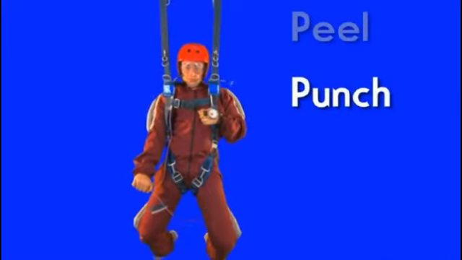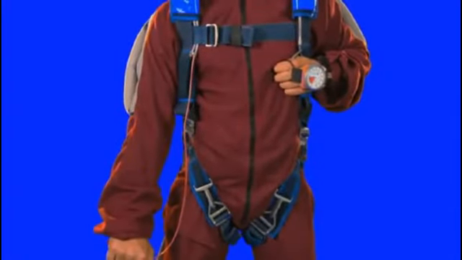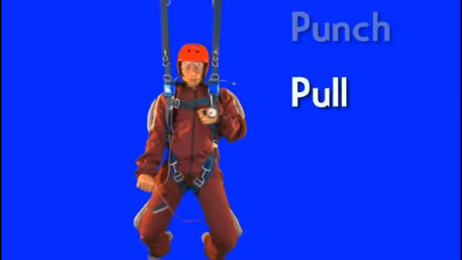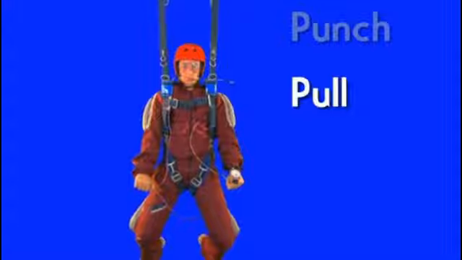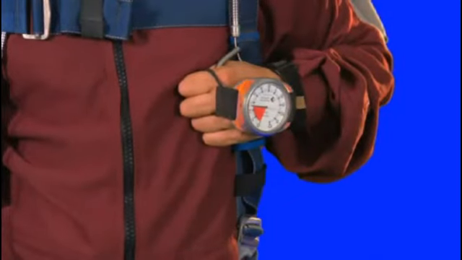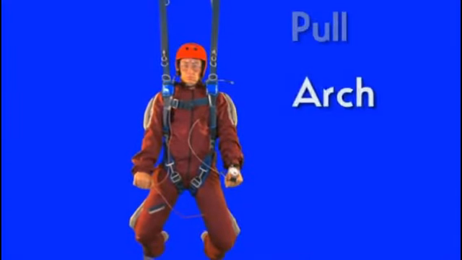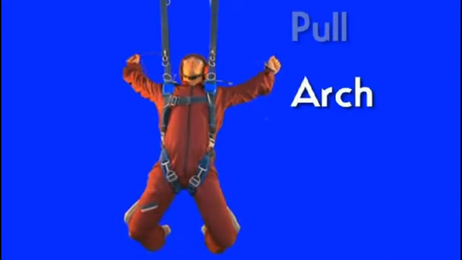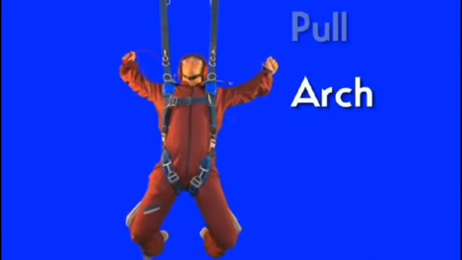Once the cutaway pillow has been peeled from its pocket, the right hand is punched in a downward motion to full arm's extent. Pull. Once the cutaway pillow is punched to full arm extent, the left hand then pulls the silver ripcord handle in a downward motion to full arm's extent. Arch. Once both arms are at full extent, we transition back to a hard arch body position.